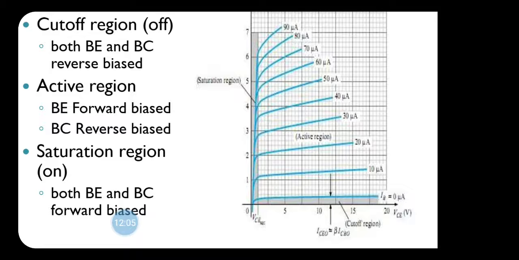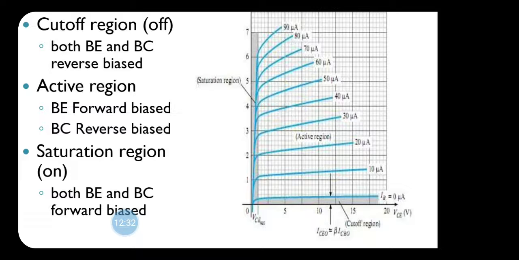So the lower shaded region you can see is the cutoff region. When IB is equal to 0 microamperes, that lower shaded region is where the transistor is in cutoff mode. And on the y axis you can see the shaded region, that is saturation mode. The transistor enters into saturation mode, and the rest of the region is active region.